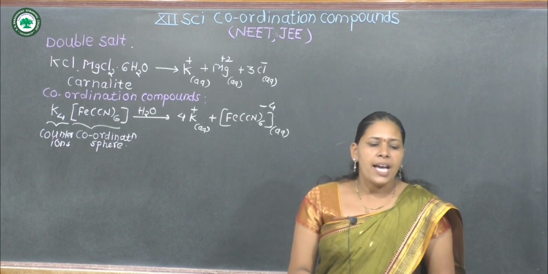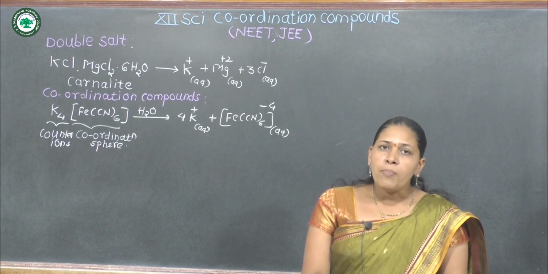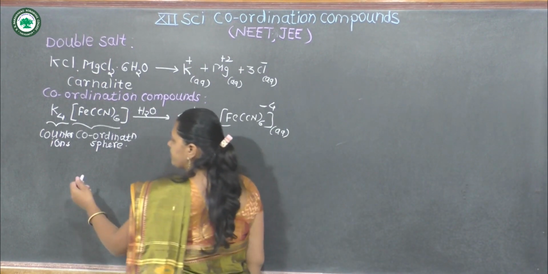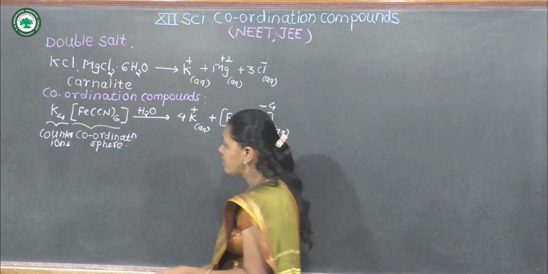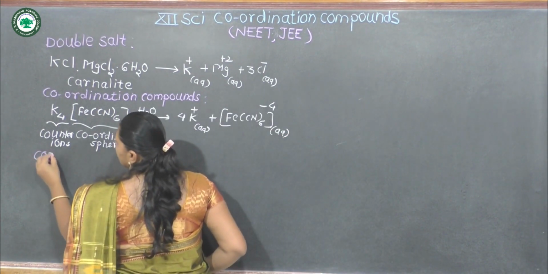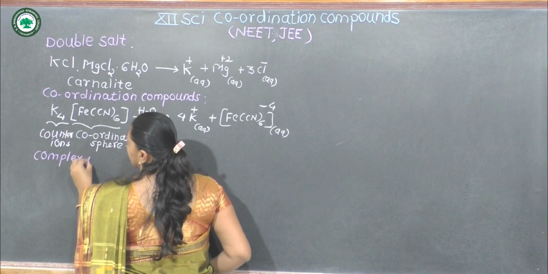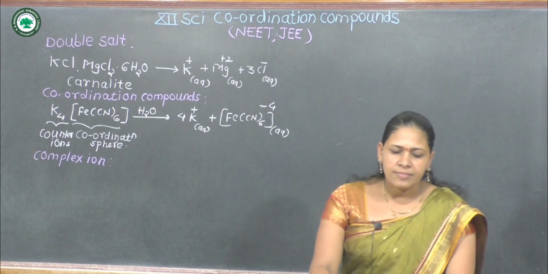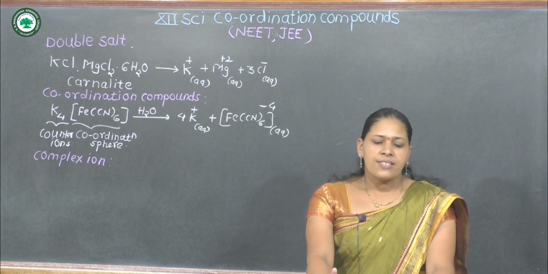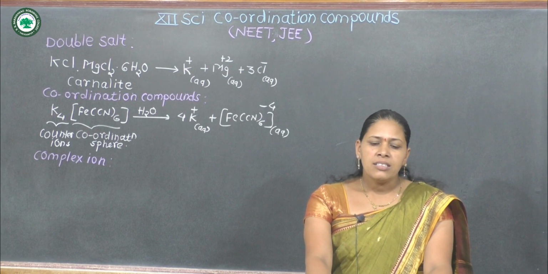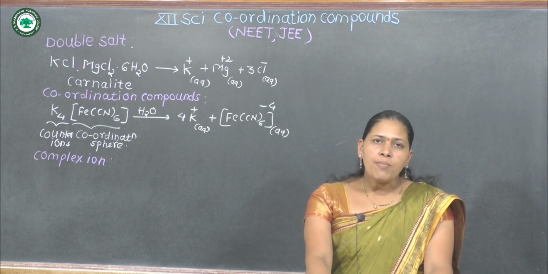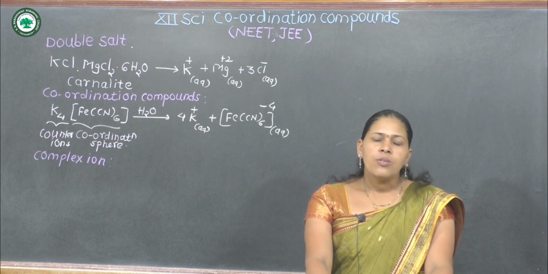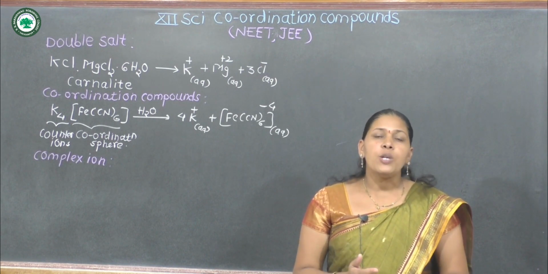Then what is meant by complex ion? A complex ion is an electrically charged radical which is formed by combination of a simple cation with one or more neutral molecules.